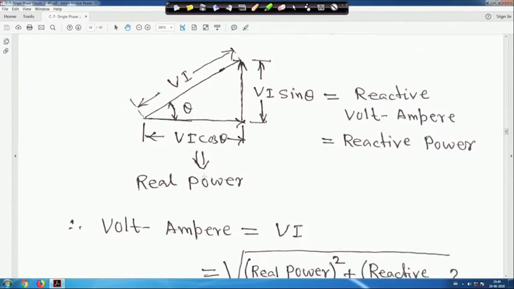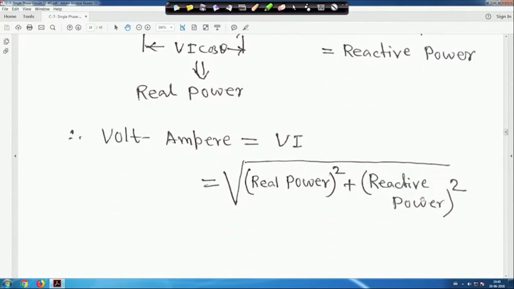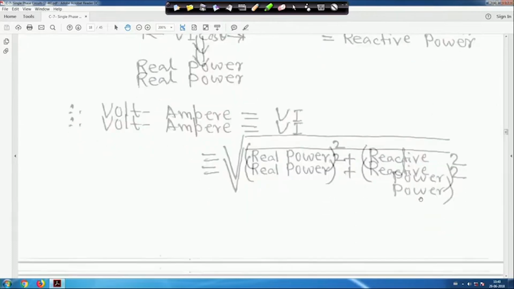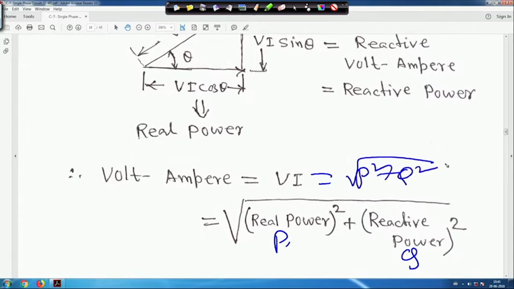Therefore volt ampere VI is equal to the square root of real power square plus reactive power square. If real power is P and reactive power is Q, then this will be P square plus Q square, and this is your volt ampere VI.